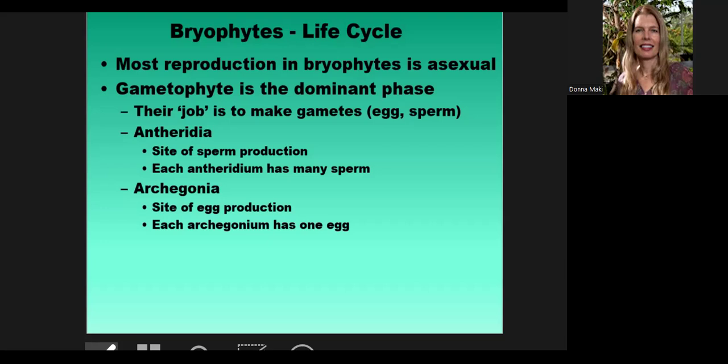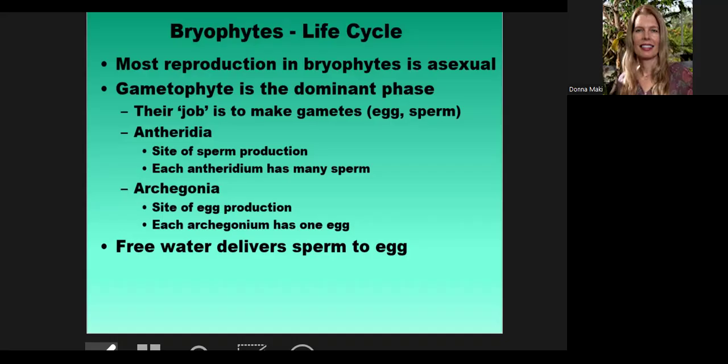When they say most reproduction, that must be over all the different moss species that they've studied to date. But at least in this area of the world, I see a lot of sexual reproduction. So you're right, if it's asexual, they're not mixing up their genes, they're not getting diversity of genes. So that can really limit them.